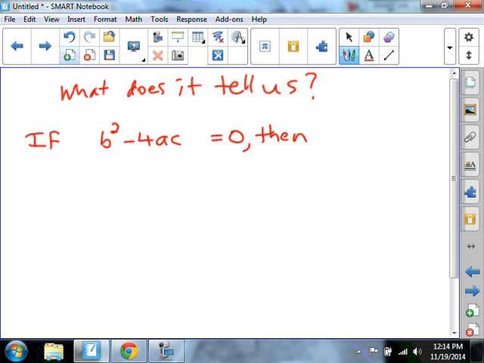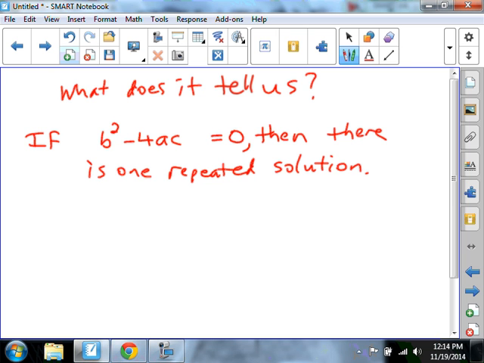And if we disregard the plus or minus, then there's not going to be two solutions. There's just going to be one. But to make it so there is two solutions, it's the same solution twice. So what we'll say is, if the discriminant's 0, then there is one repeated solution.